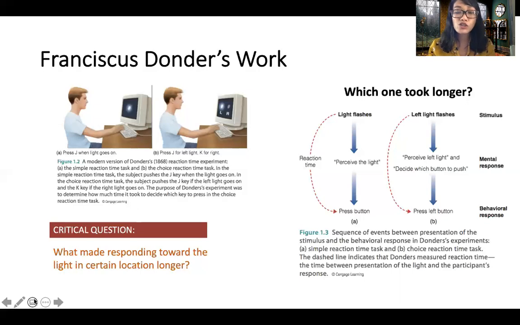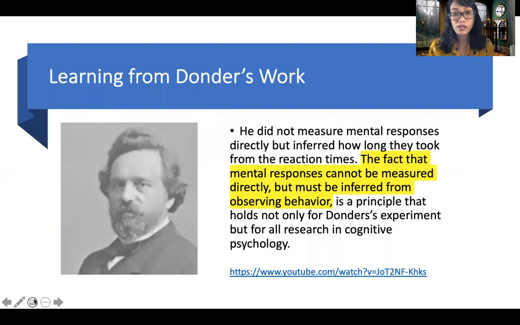This research is very important because it is the first cognitive psychology experiment, and it illustrates something extremely significant about studying the mind, which is mental processes. Perceiving the light and deciding which button to push is a mental process, right?